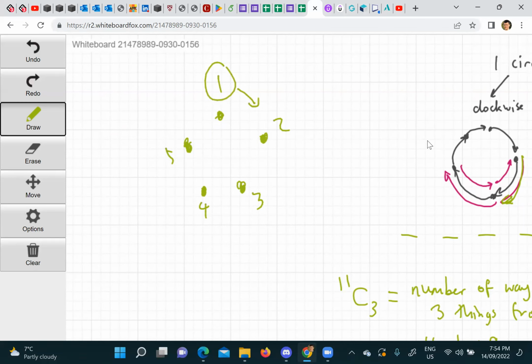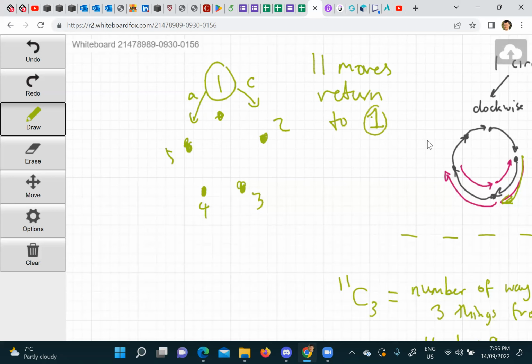So maybe I'll do C or A. You can either do A or C, and the goal is to get back to 1 in 11 moves. I guess the question is how many ways are there of doing that, right?